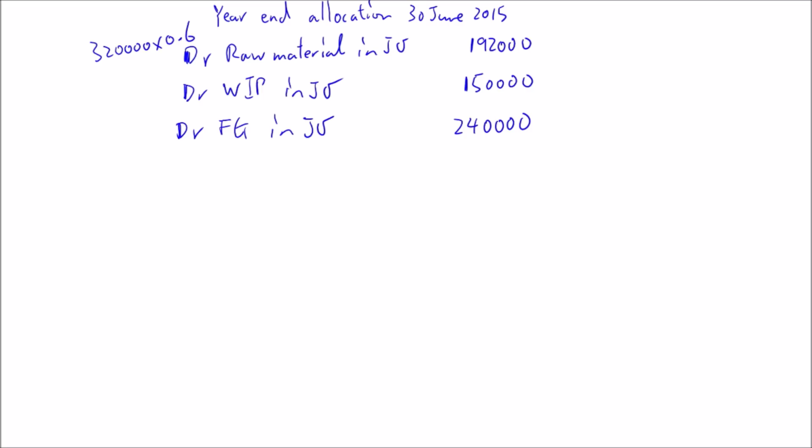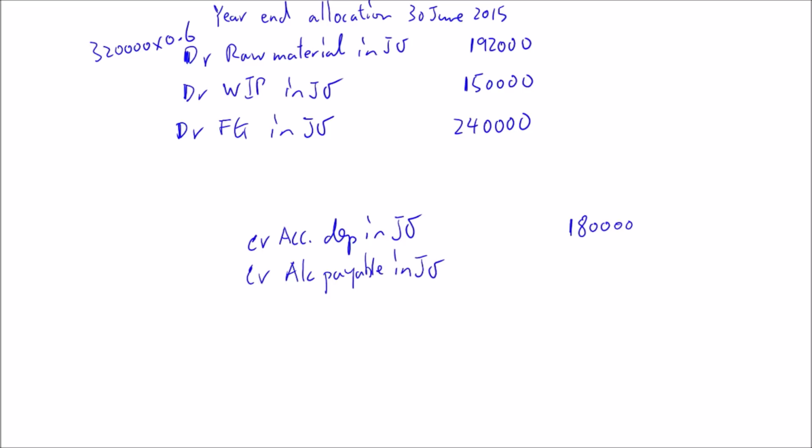And on the credit side, we also got accumulated depreciation in JO. We're going to leave some gap there because we know that there might be some other accounts on the debit side. So we're going to write down accumulated depreciation in JO. $300,000, 60%, there will be 180,000. Then we also got account payable in JO. $520,000, 60%, which is 312,000.